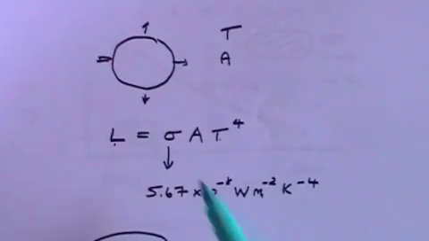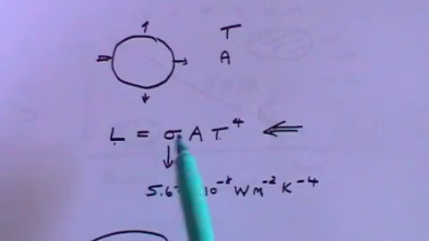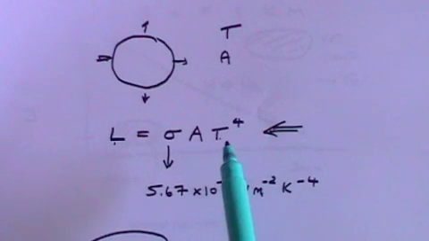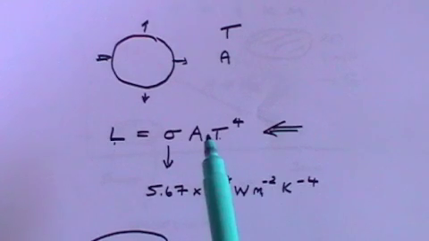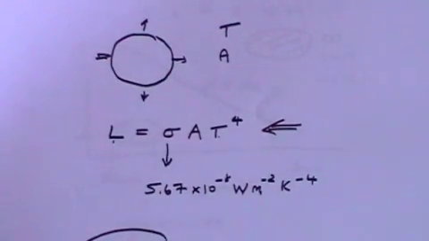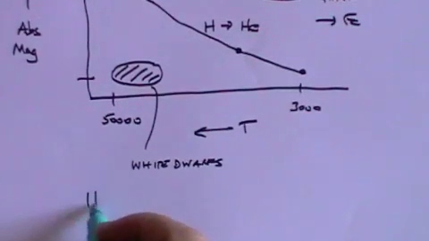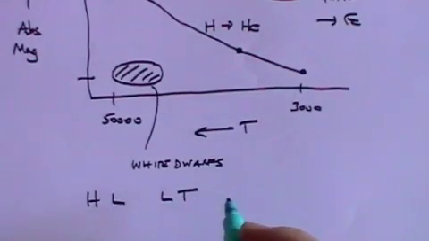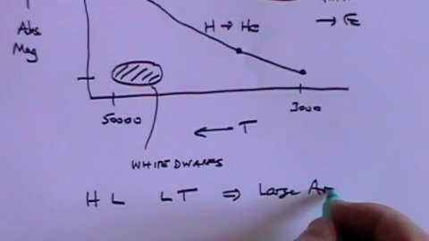But if we briefly go back to Stefan's law, which is that the luminosity is equal to Stefan's constant times the surface area times the temperature to the power four, luminosity is dependent upon surface area and temperature. Keep that thought. Then what you can conclude is that if you've got high luminosity and low temperature, that must mean that you've got a large area.